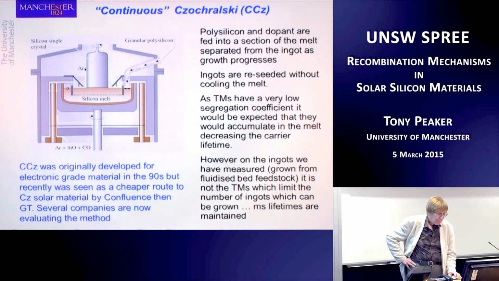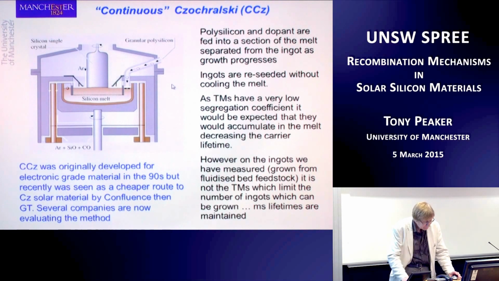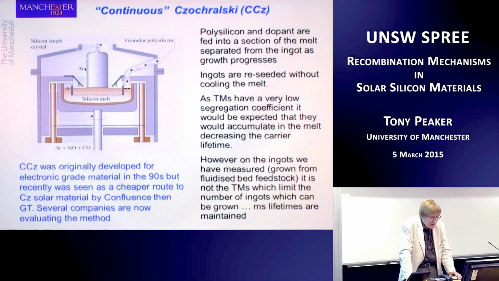Continuous Czochralski is a technique where during growth you feed in the polycrystalline material. You have to separate it from the growing ingot. You have to put baffles here. And when we were asked to look at this material, I thought it's obvious.